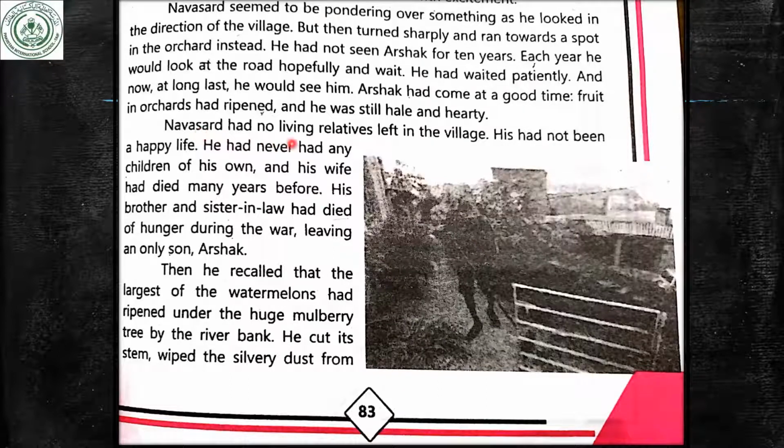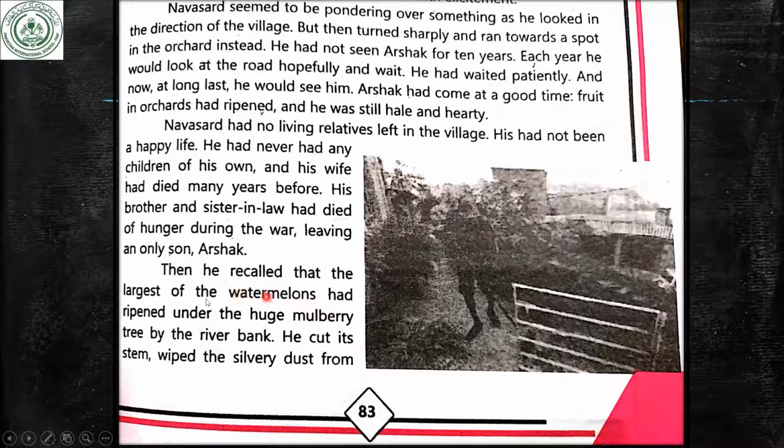Navasad had no living relatives left in the village. His had not been a happy life. He had never had any children of his own, and his wife had died many years before. His brother and his sister-in-law had died of hunger during the war, leaving an only son, Ashok.